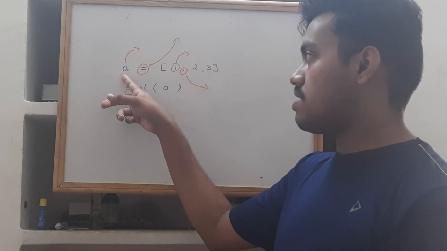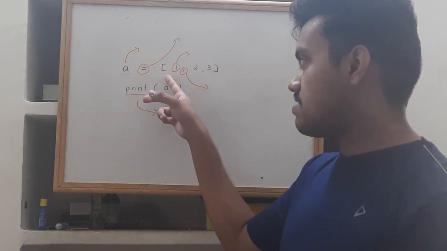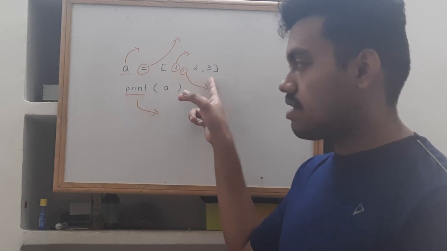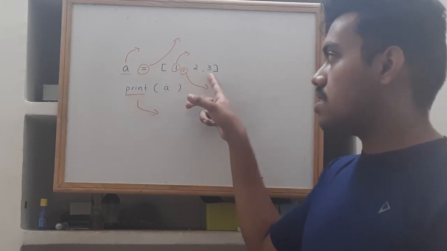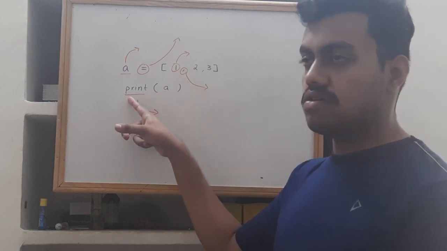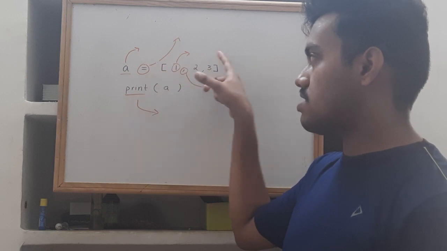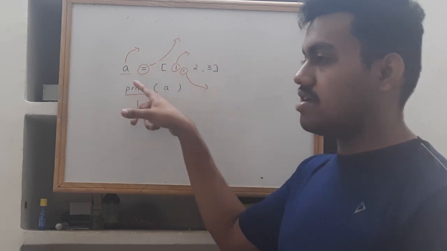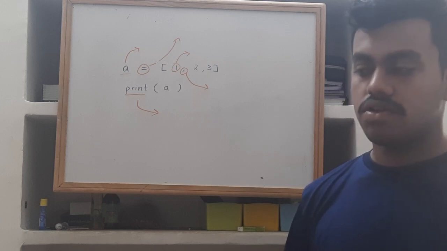This code defines some variable a with this list 1, 2, 3. This list contains 3 elements, 1, 2 and 3, and the print function prints a. So it gives you the output of what's contained in the variable a.